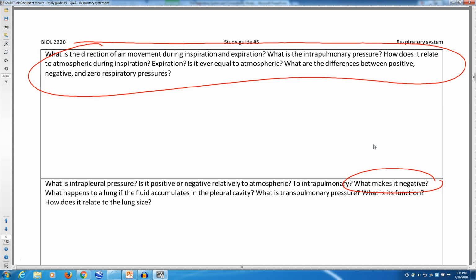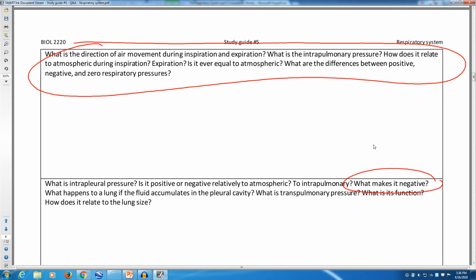Chest expands because of muscles. Lung, on the other hand, always tries to collapse. Does that make sense? So basically, these walls try to go away from each other. And when this happens, volume increases, the pressure decreases. That's why intrapleural pressure is always negative relative to intrapulmonary.